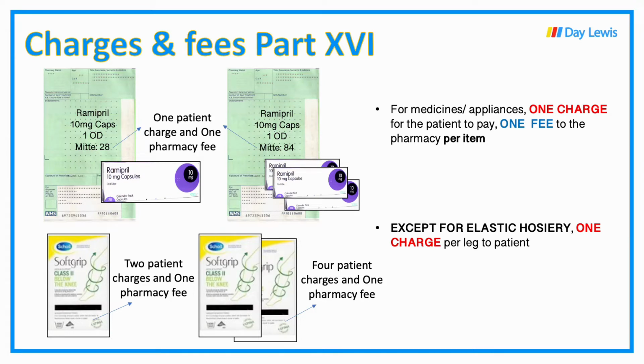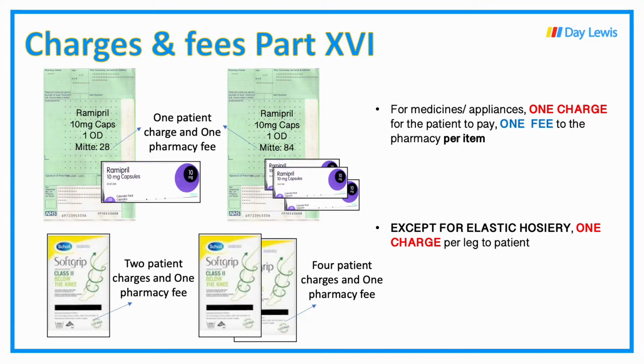The time this rule would not be appropriate is for elastic hosiery. So we have to charge the patient one patient charge per leg, basically. So when we're giving out one box of a pair of elastic hosiery, we have to charge the patient 2 patient charges, and we will only receive one pharmacy fee in return.